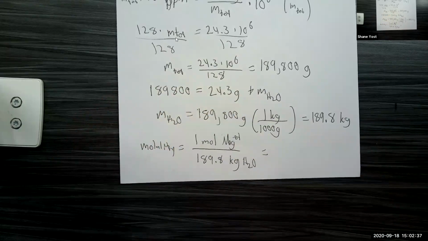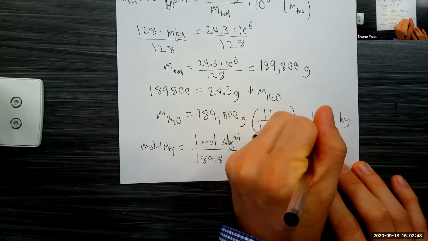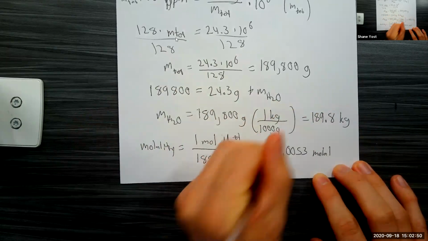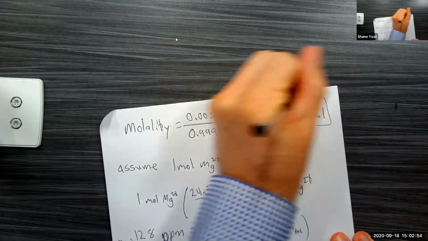And I'll just do the calculation to make sure, but that should come out to be, yeah, when rounded, 0.0053 mole per kilogram, right? So again, it's the exact same answer as what we have up here.